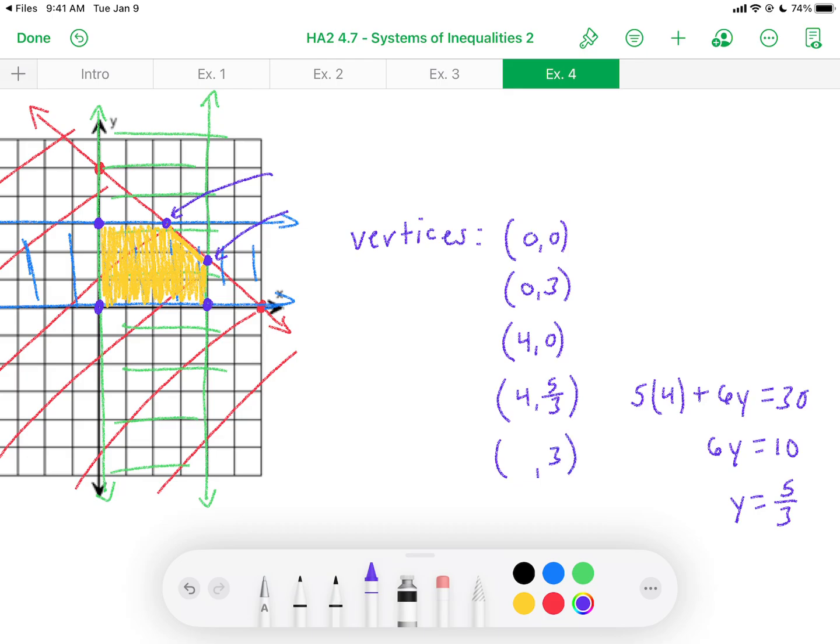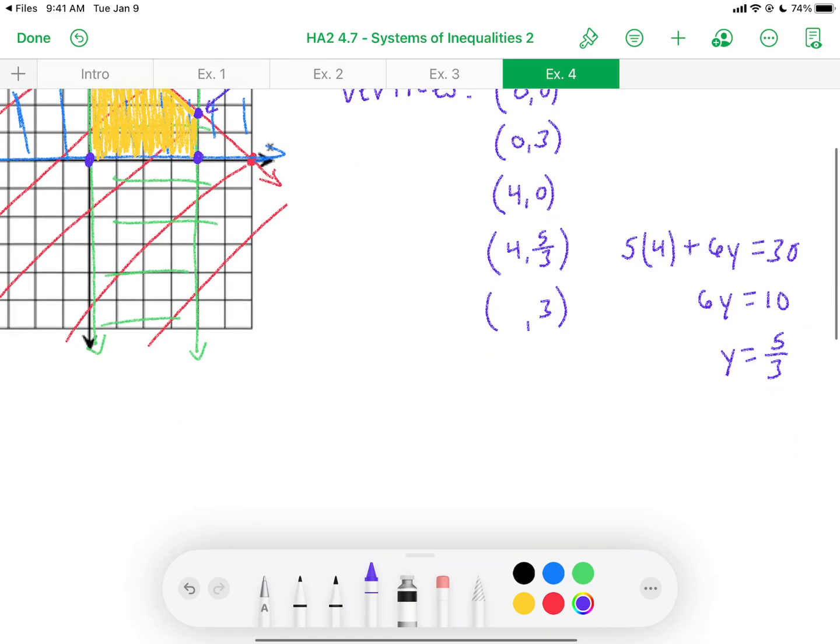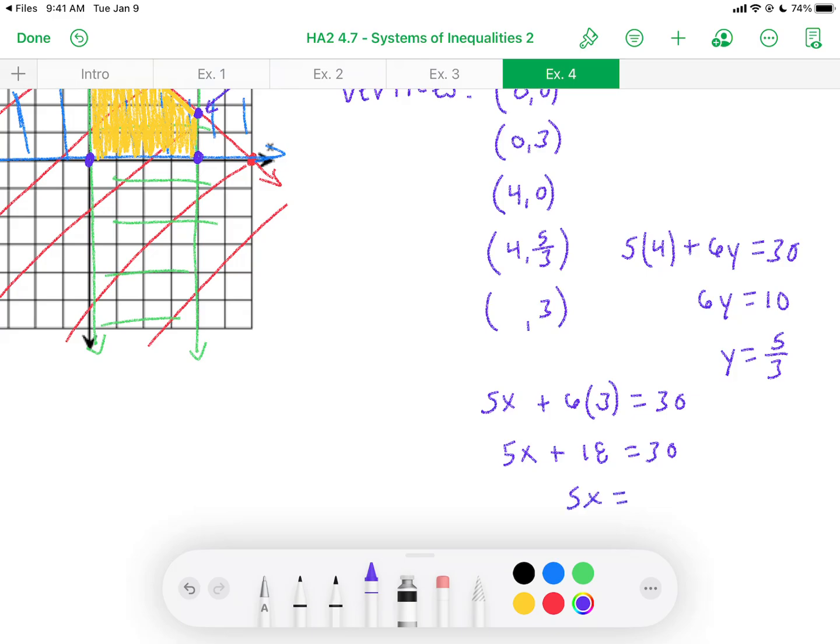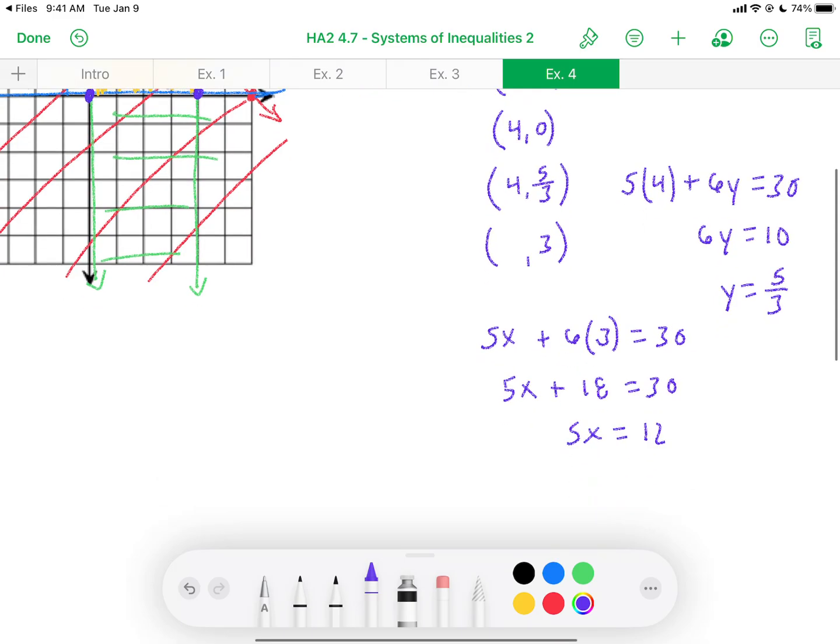And couldn't we find the x coordinate the same way we just did with the other point? So now it would be 5x plus 6 times 3 equals 30. 5x plus 18 equals 30, or 5x equals 12, x equals 12 fifths.